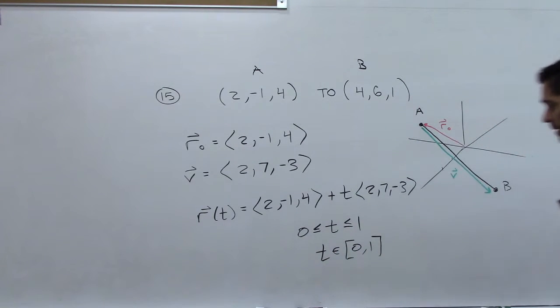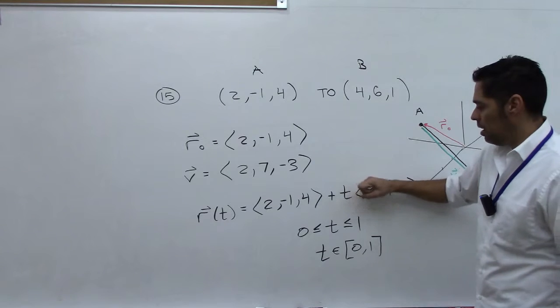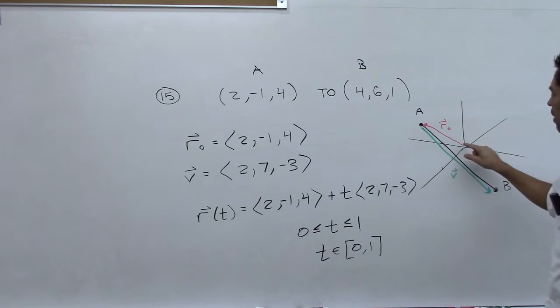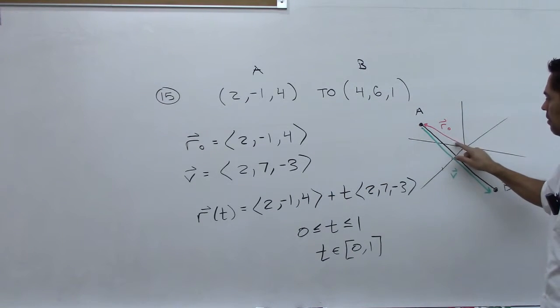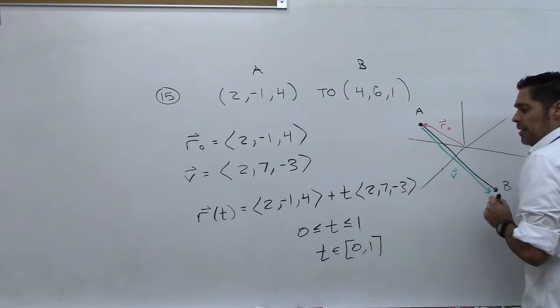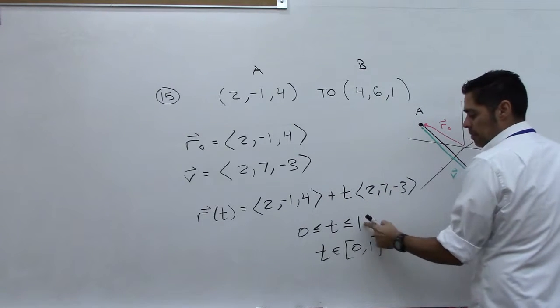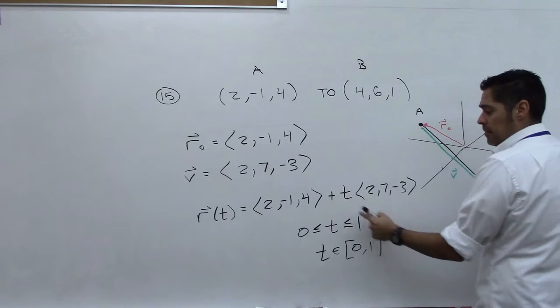Either way. And so what happens is if t is 0, then this is all gone, and you're just pointed out towards this point right here, the red vector, which points you here. So you're at the start. And then if t is 1, which would be the extreme other end, then you add these two.